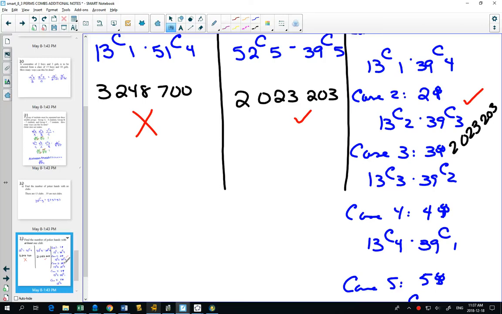So what went wrong in the first one? Didn't it seem good? Like, I chose a club. No, it just seemed kind of weird. I chose one club. Let's say I chose this one. What is that? The 5 of clubs. So let's say one example is I choose the 5 of clubs.